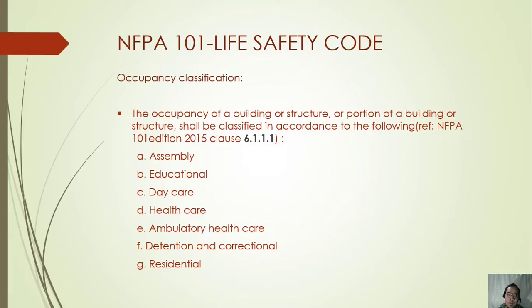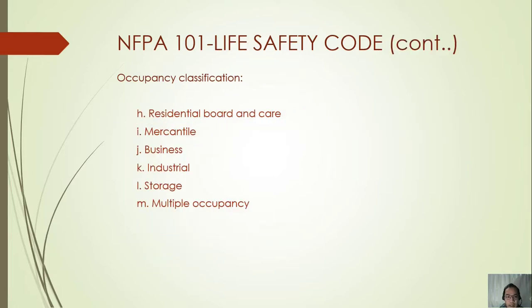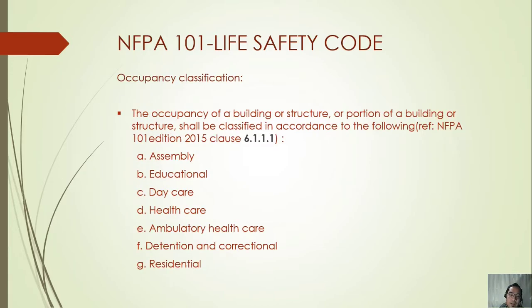Educational, like schools, high schools, colleges, universities, children's and daycare, healthcare, ambulatory healthcare, detention and correctional, residential, residential board and care, mercantile, business, industrial, storage, multiple occupancy. Guys, we will discuss everything in the other slides, so I don't need to discuss this now. But these are the occupancy classifications that we have to be familiar with.